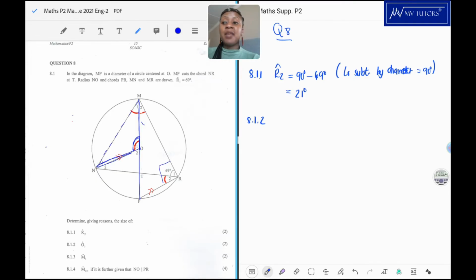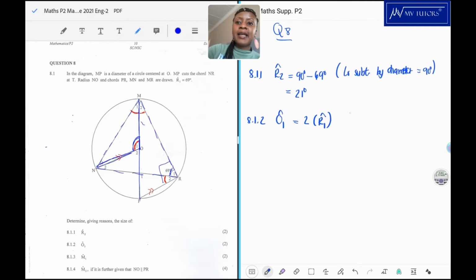We have chord MN. So chord MN subtends O1, and it also subtends R1. Okay, so we know that O1 is actually twice R1.